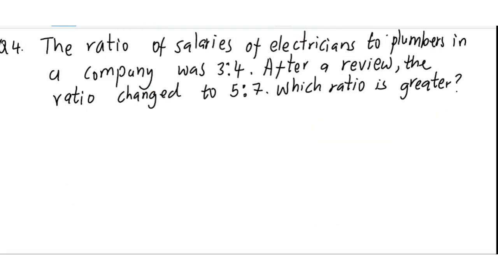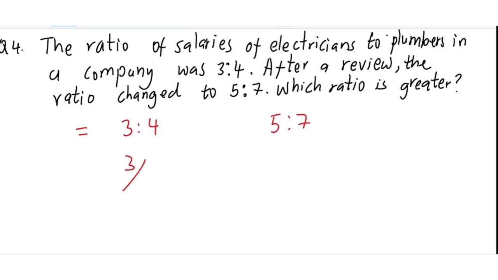Now, the last question is telling you the ratio of salaries of electricians to plumbers in a company was 3:4. It's a word problem question. After review, the ratio changes to 5:7. Which ratio is greater? Pause the video and do it by yourself. So we have 3:4 and 5:7.